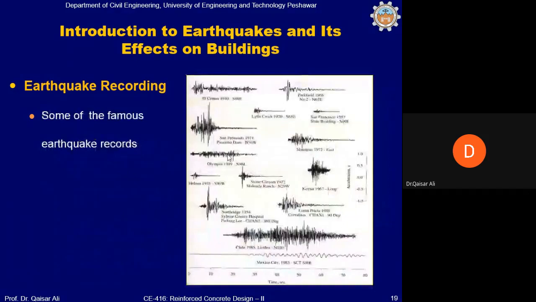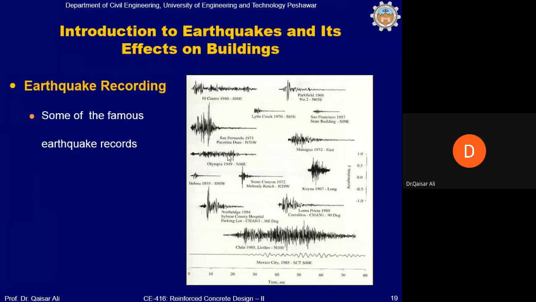These are some of the earthquake records that have been recorded around the world. On the top left, there is a famous record called the El Centro 1940 record. This record is famous because it is mostly used in experimental testing.